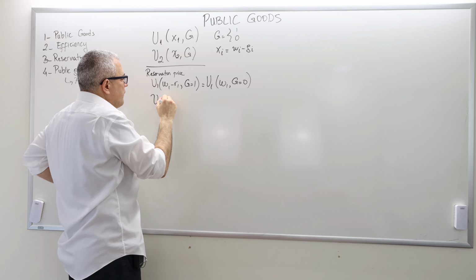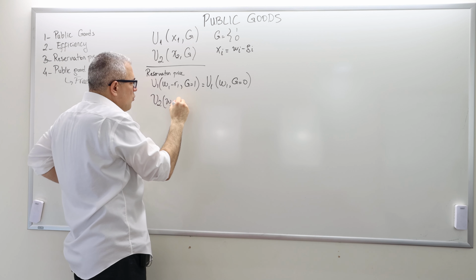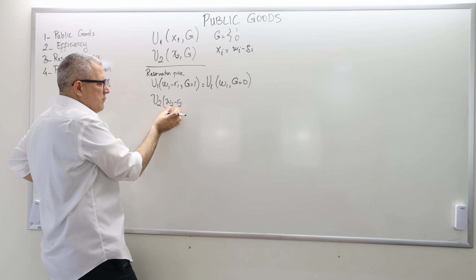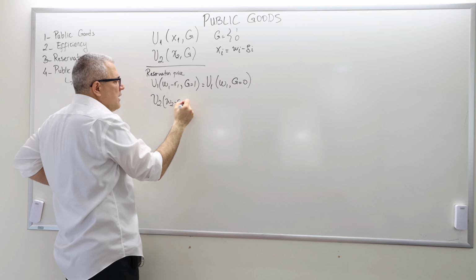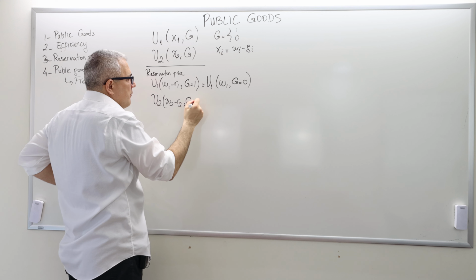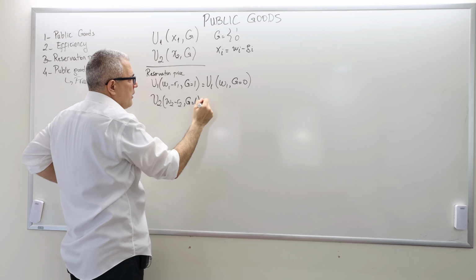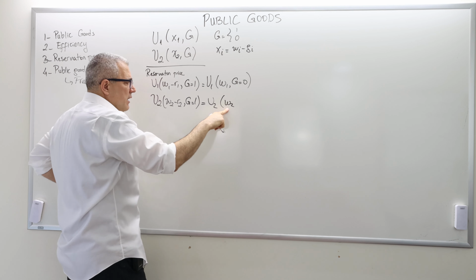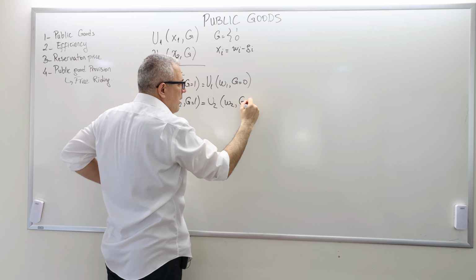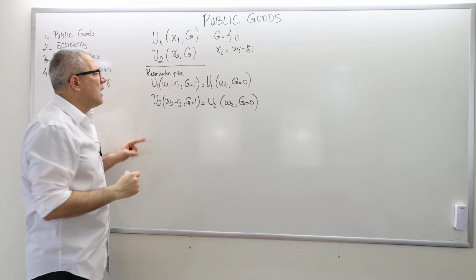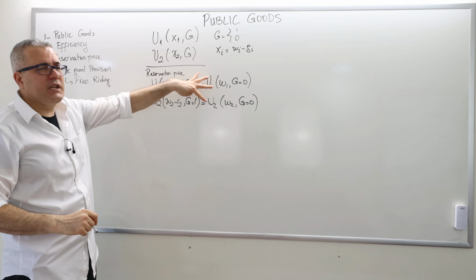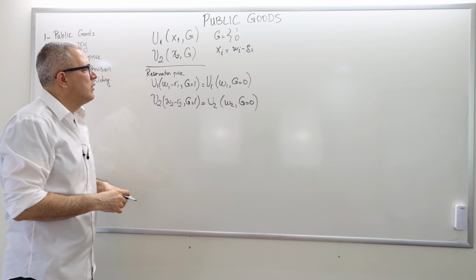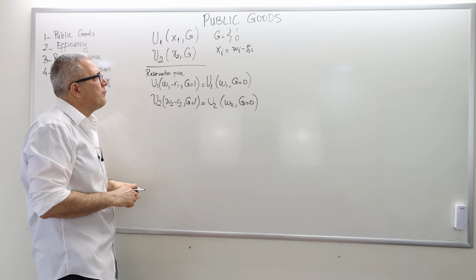And likewise for agent 2: this is how much private consumption she can afford when she pays her reservation price but luckily has the public good, versus her utility when she doesn't have to pay anything because the public good doesn't exist. So the R1 and R2, which solve these two equalities, are called the reservation prices, which is something we already discussed in the previous video.